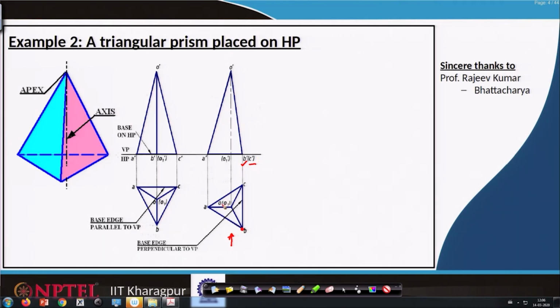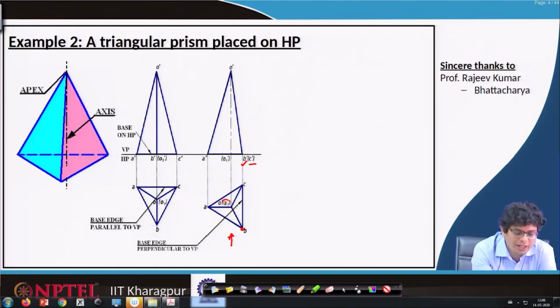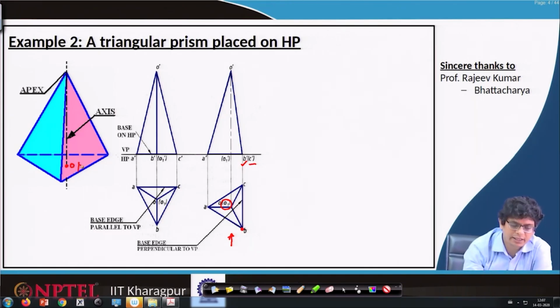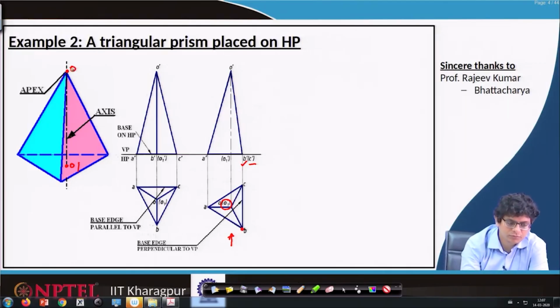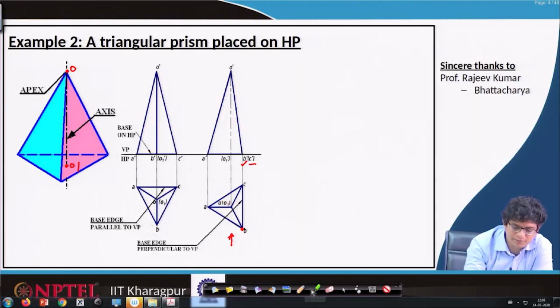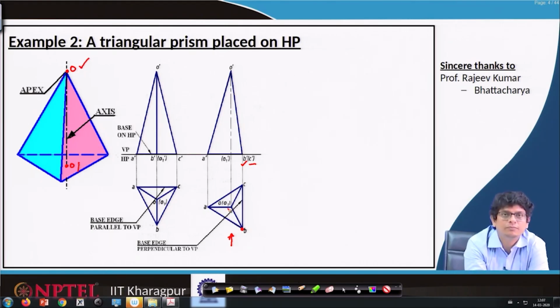Similarly, for point O and O prime, in the top view O1 is invisible, because it goes all the way down the prism, somewhere here, O1. In the top view this is the O. So, when we are looking at this in the top view, O will be visible, O1 will be invisible.